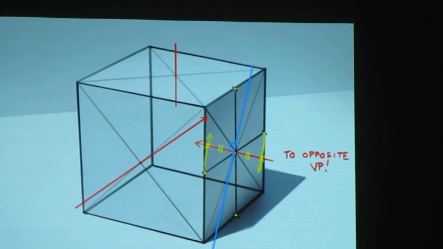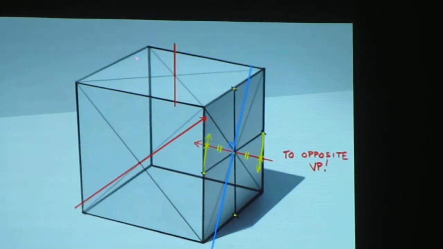This minor axis is parallel to all of these lines. That was a great aha moment expression. This minor axis here, hey look, it's parallel to this line, and this line, and this line, and this line. It goes to the perpendicular vanishing point. That's exactly what you need to know.